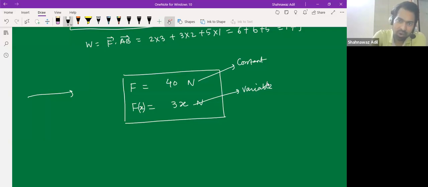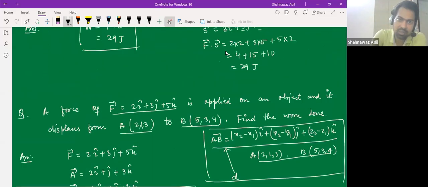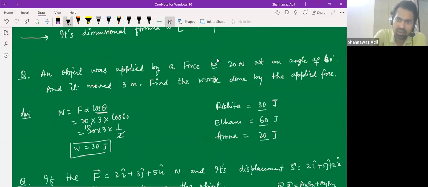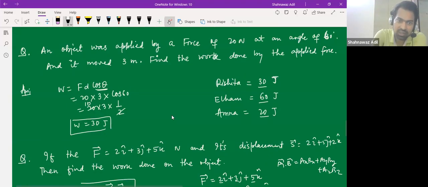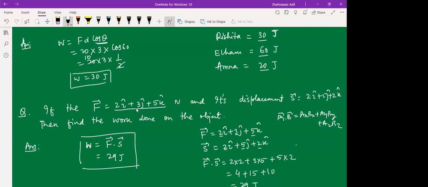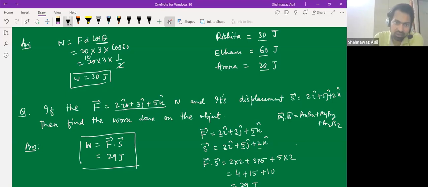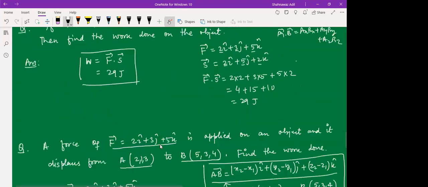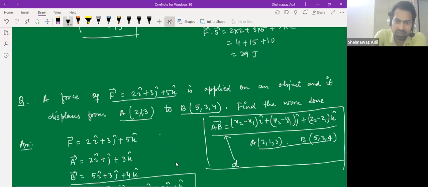So all these forces in the previous question. In 20 Newton, this force, is it dependent upon some variable x, y, z? No, sir. It's not. So all of them are constants, all these three forces are constants, right?